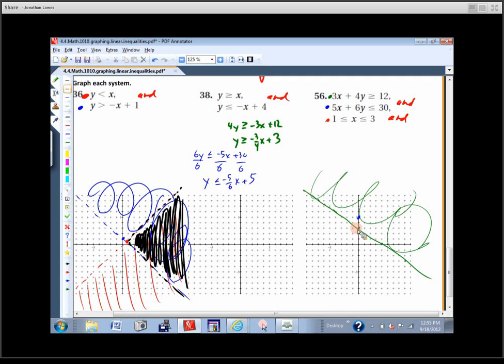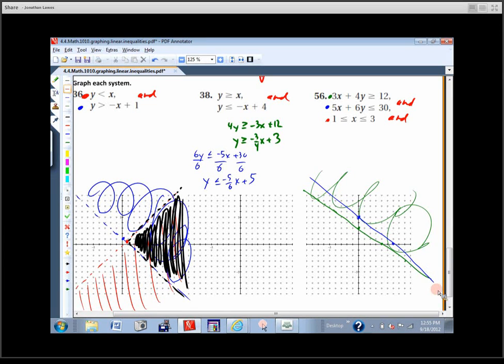Solid or dotted? Solid. Slope is negative 5/6. Okay, so this is a little bit of a pain. Negative 5, go down 5 over 6. So we're about right there. So this solid line, gosh, are these parallel? Not quite. But that is a solid line right there.